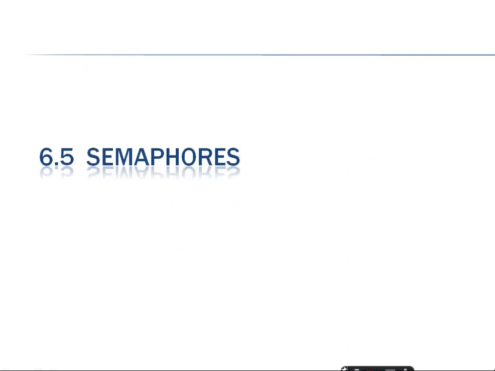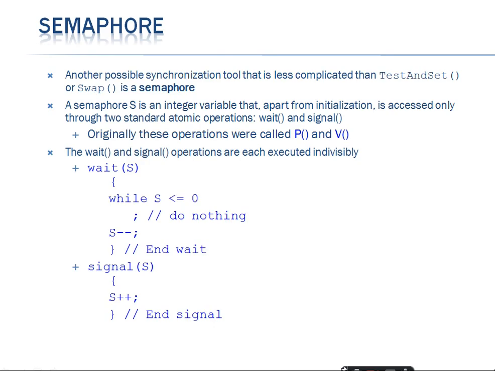Next point is semaphores, which is an important point here. Another possible synchronization tool: a semaphore is a synchronization tool. Other than the swap and test and set functions, we can call upon a semaphore, which is less complicated than the two that we discussed right now.